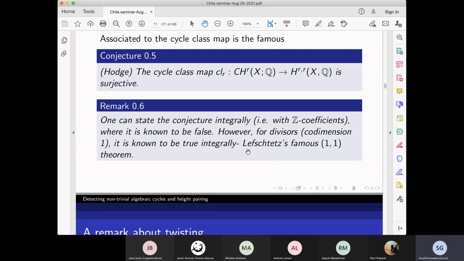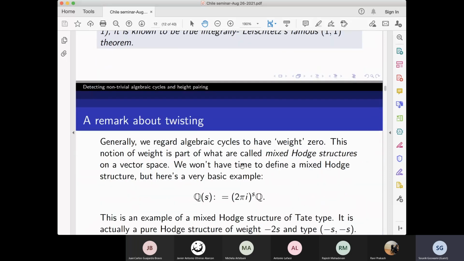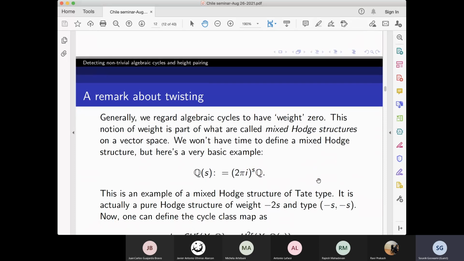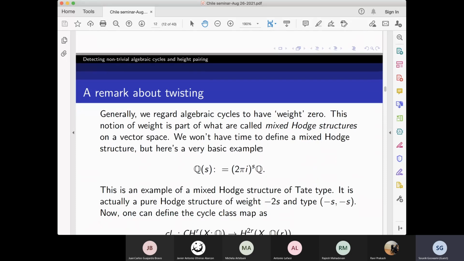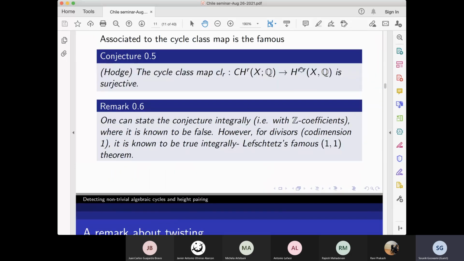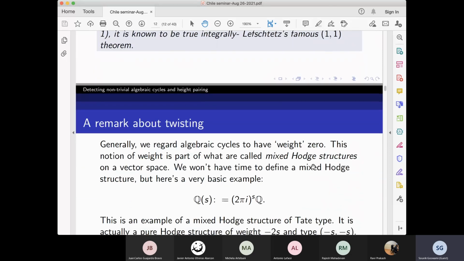Anyway, since we are on the cycle class map and coefficients, let me mention the following, and we will use this later. Algebraic cycles, we generally regard as having weight 0. What we mean by weight is that all these cohomology groups that we are studying are examples of what are called mixed Hodge structures.